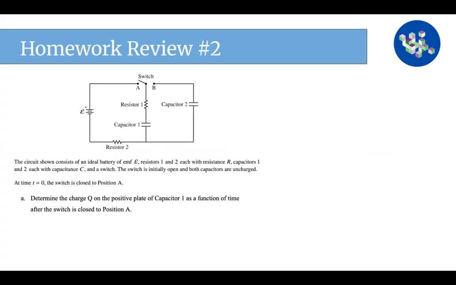This problem is actually an AP problem. We're putting the switch to position A, and we want to find the Q on capacitor 1 as a function of time. To do this, again, voltage loop rule: epsilon minus I R for resistor 1, minus Q as a function of time over C for the voltage across the capacitor, minus I R for the voltage across resistor 2, and this equals 0.